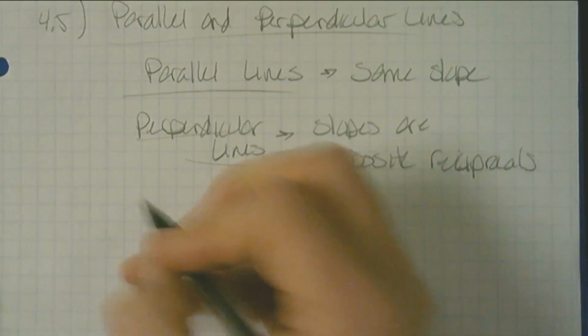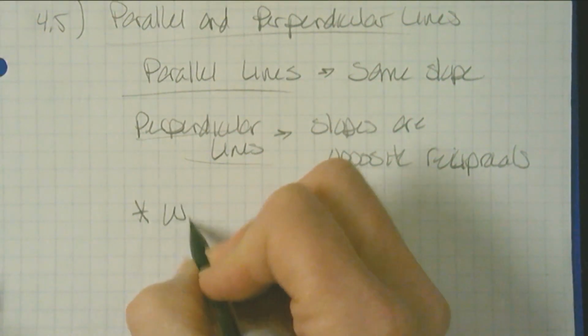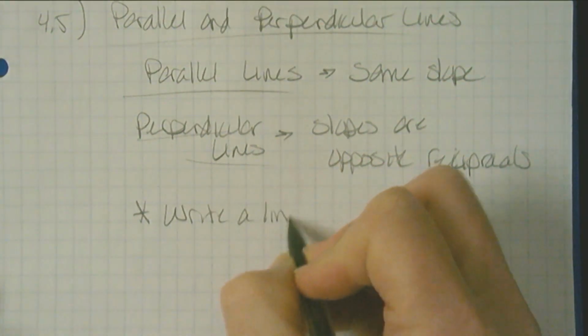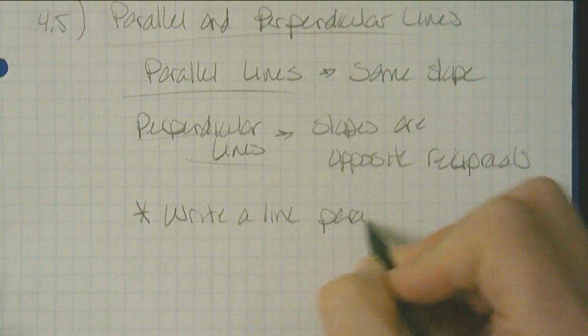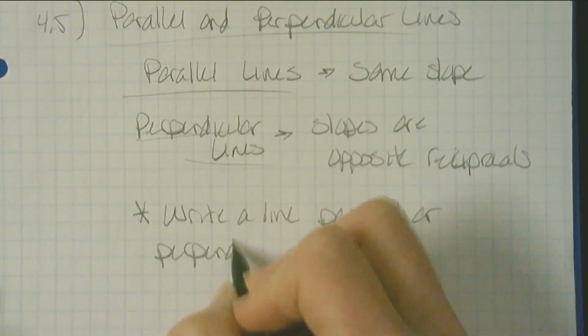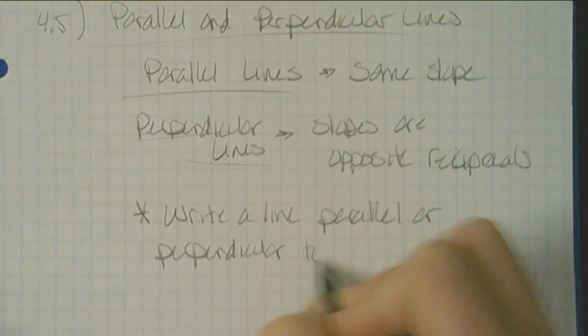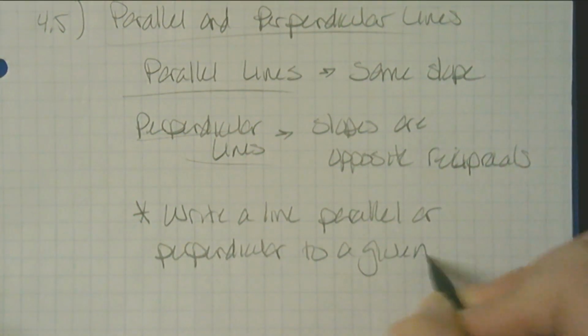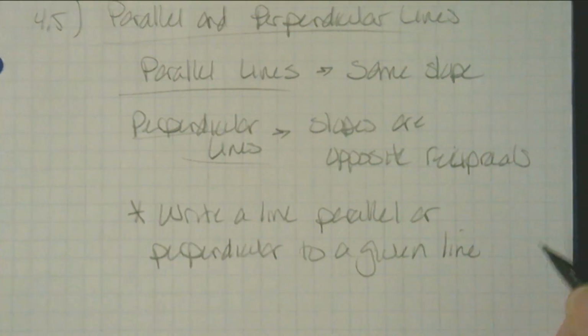In this one, you want to write a line parallel or perpendicular to a given line running through a given point.